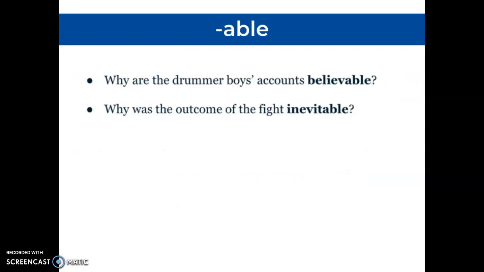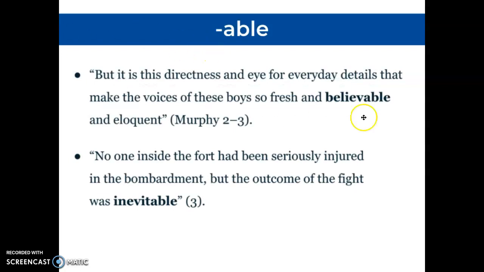All right, so thinking about this word believable, why are the drummer boys' accounts so believable? Well, when we look back here, something that made them so believable is that they were just everyday voices of boys. They had no reason to lie. We know they are believable because they were sharing their actual perspectives that they experienced, is what we've been talking about.